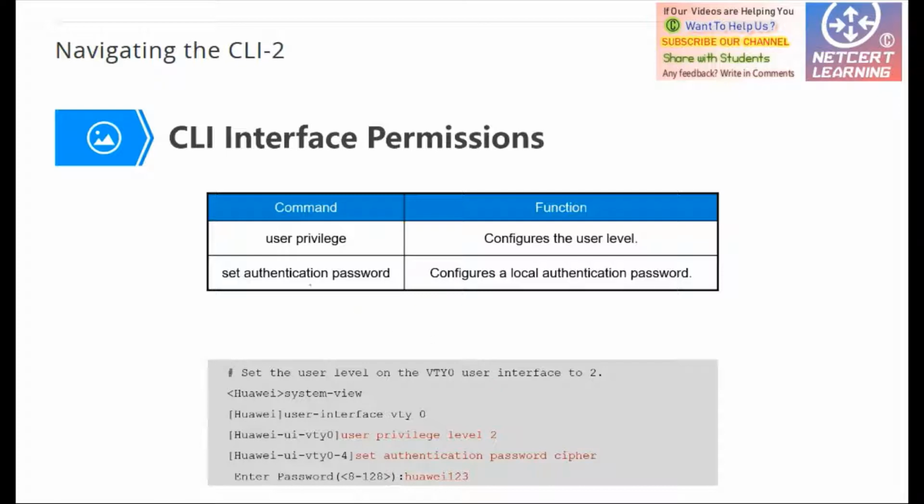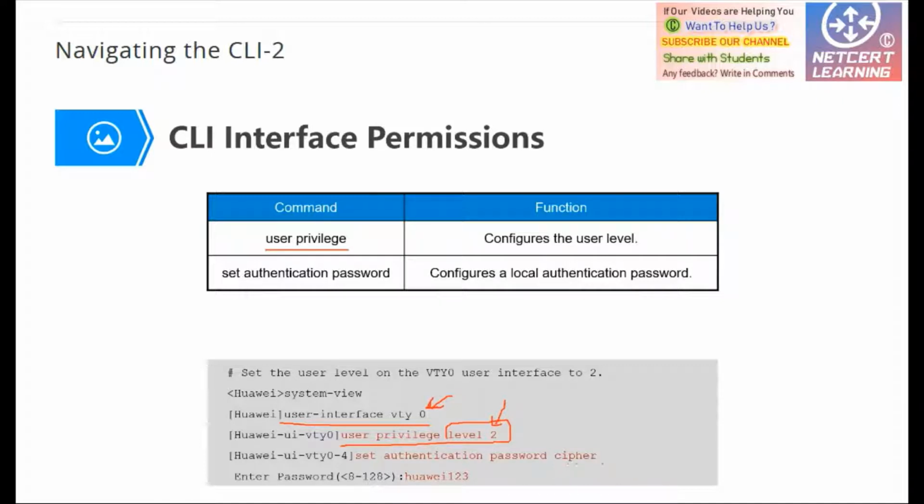And if you are not logging in by username and password, just using a simple password, then you can assign the privilege to the user interface. For example, for VTY, you assign user privilege level 2. That means all users logged into VTY 0, that is, you telnet to the device the first time, will get privilege 2.